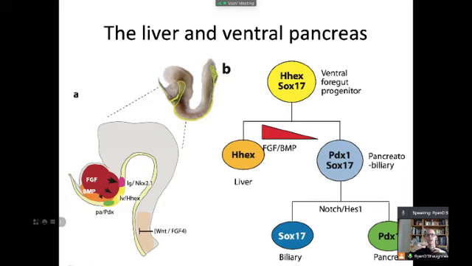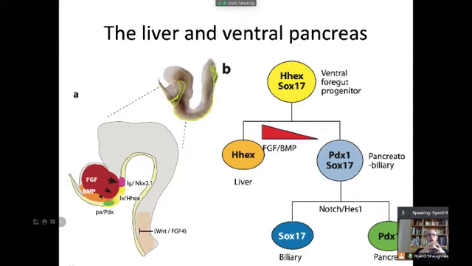So where we have high levels of FGF and BMP near to the developing heart, we get reduction in SOX17 expression, and this causes the cells to adopt a liver fate.